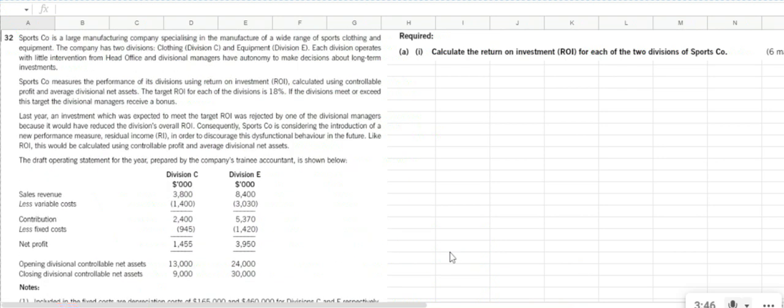Okay. So firstly, in order to calculate the ROI, let's first calculate the two things that we need to calculate the ROI on. The first is controllable profit. Let's do the controllable profit first.